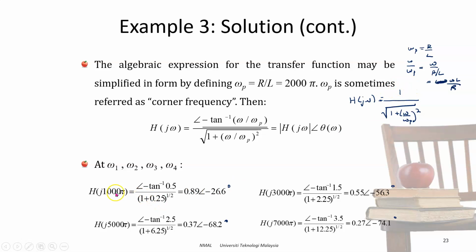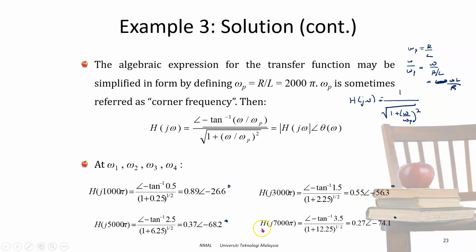Now if we see the answer here, we can see that at different frequencies the magnitude becomes lower and lower. At the lowest frequency, which is 1000 pi, the magnitude is 0.89. As it goes to 3000 pi, the magnitude of the transfer function becomes lower, which is 0.55.